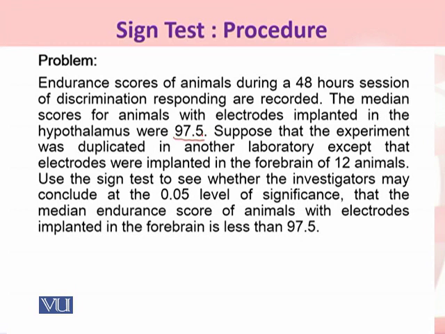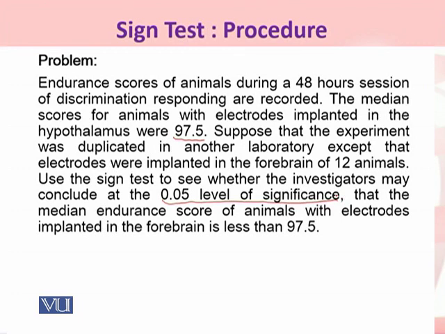Suppose that the experiment was duplicated in another laboratory, except that electrodes were implanted in the forebrain of 12 animals. Use the sign test to see whether the investigators may conclude at the 0.05 level of significance. So here we got another piece of information, alpha, which is given as 0.05.